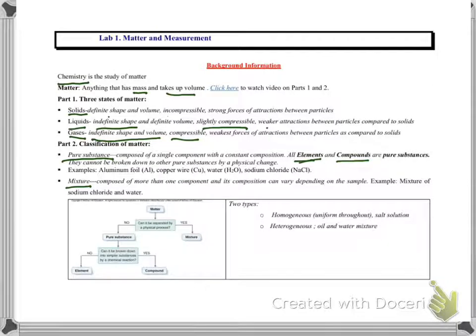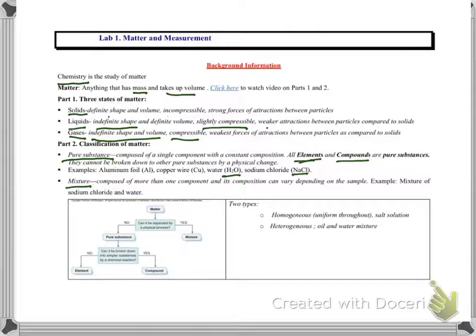On the other hand, H2O and NaCl are compounds, and they are also pure substances. Water is where hydrogen and oxygen are combined in the ratio of 2:1. Now it's not hydrogen, it's not oxygen, it is water and it has its own properties. You cannot separate hydrogen from oxygen by any physical change.